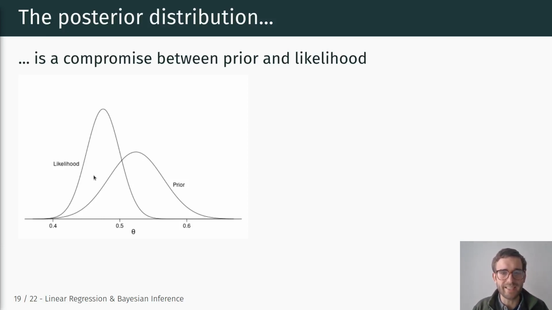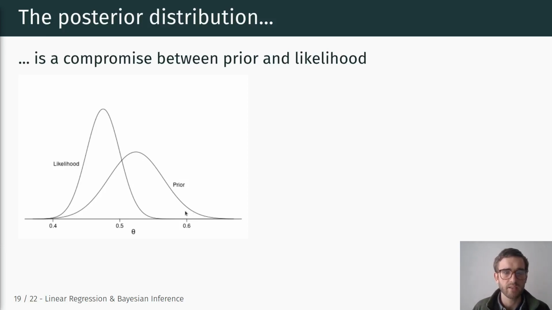We don't only let the data itself speak and determine our inferences, but we have a prior distribution. And you can think of this, as I mentioned, as the distribution of possible or likely values that you would expect for that specific parameter of interest, okay?